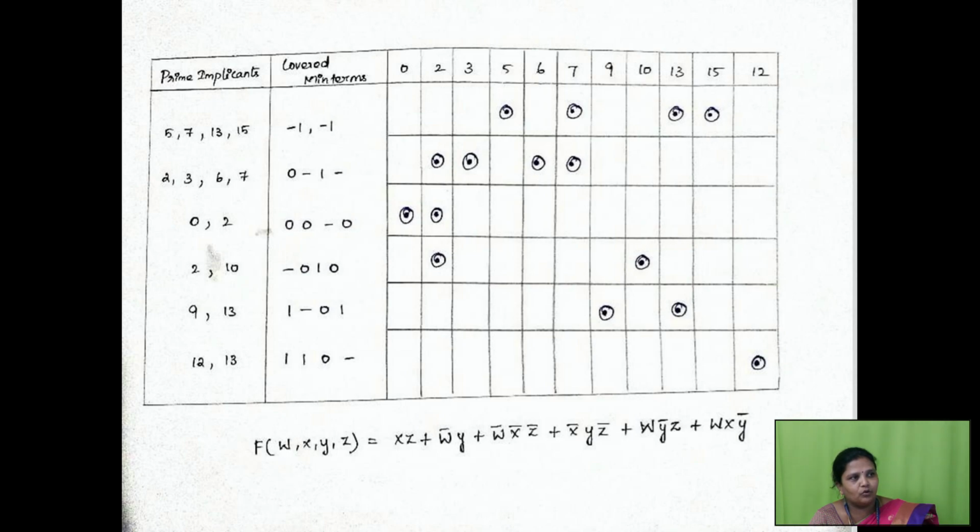If we have a 0 we make it w bar. Likewise, for 2, 10 we have x bar, y, z bar. Likewise, we write all the terms, and finally the final answer. F of w, x, y, z equals xz plus w bar y plus w bar x bar z bar plus x bar y z bar plus w y bar z plus w x bar y bar.